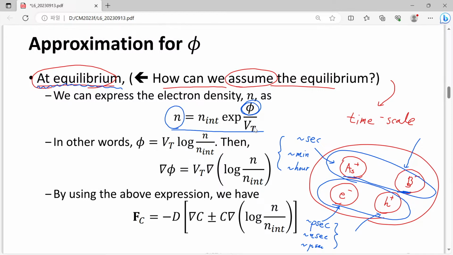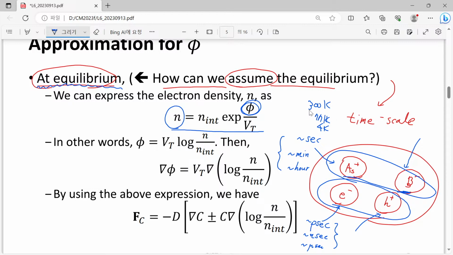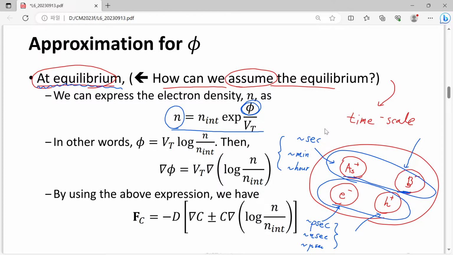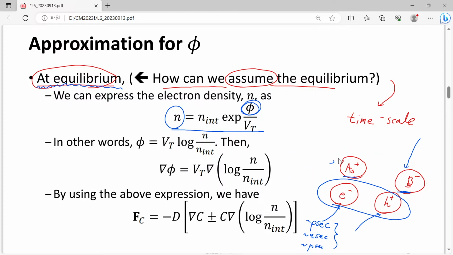Of course, this also involves another approximation, Boltzmann statistics. We are not talking about 300 Kelvin, or 77 Kelvin or 400 Kelvin. In the case of low temperature, it is very important to consider exact statistics for our electrons, so Fermi-Dirac distribution is required, especially for low temperatures.